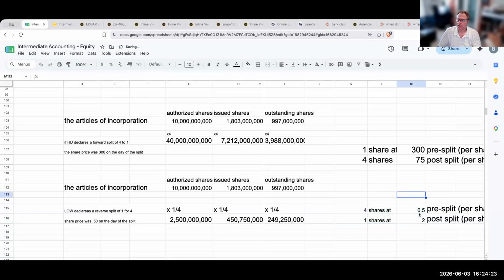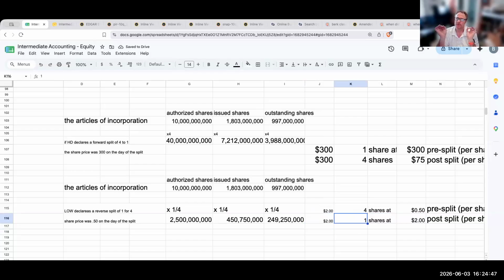When we look at both of these situations, as a shareholder, I had 1 share at 300 and now I've got 4 shares at 75. Here I've got 4 shares at 50 cents and now I've got 1 share at $2.